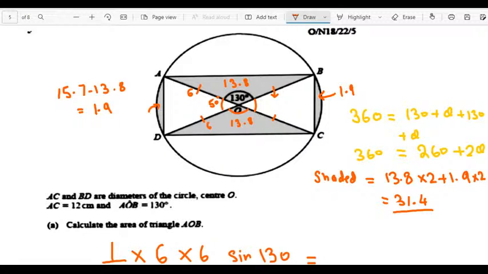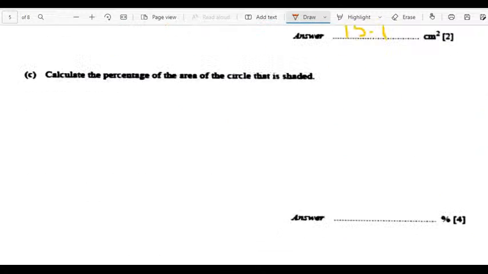Okay, so you said that the shaded area that we found, AOD, is 31.4. Yeah, all the shaded areas of the circle is 31.4. The question was to calculate the percentage of the area of the circle that is shaded.